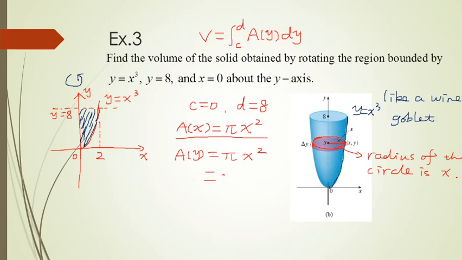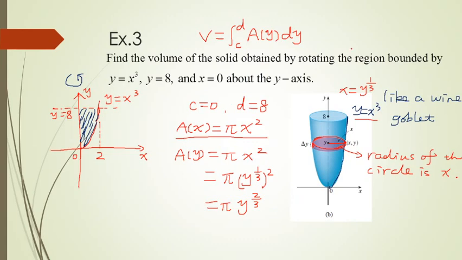My x will be y to the 1/3, right? From here, the x will be the cube root of y. So I can rewrite it in this way. So the cross section area function will be pi y to the 2/3, right?